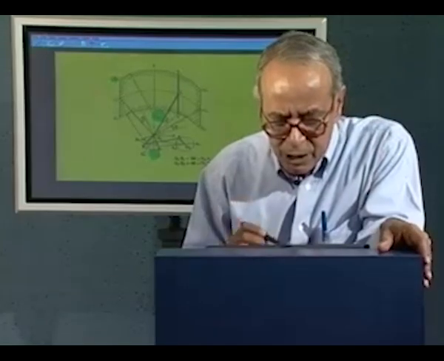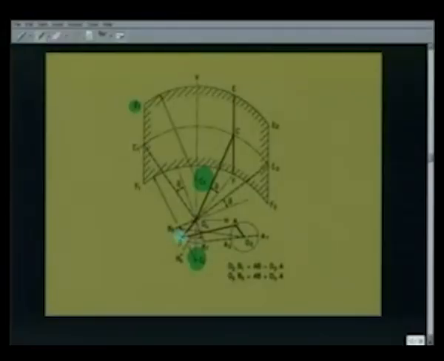Let me repeat. First, we said determine the path of B, which is this circle with O4 as center and O4B as radius. On this circular path, I locate B1 and B2 using the relation O2B1 is AB minus O2A, O2B2 is AB plus O2A.